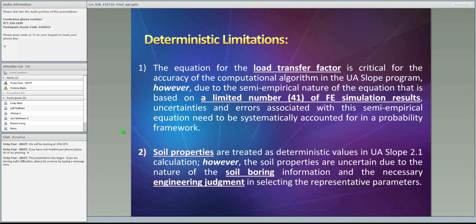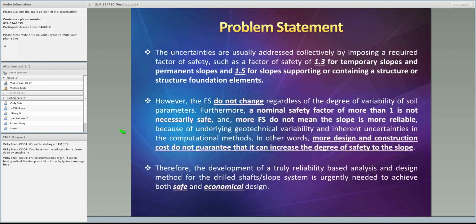So, problem statement. First, the uncertainties of soil variabilities are usually addressed by a required factor of safety. For example, factor of safety equals 1.3 for permanent and temporary slopes without foundations, and 1.5 for slopes supporting or containing structures. However, the factor of safety does not change regardless of the variability of soil parameters.